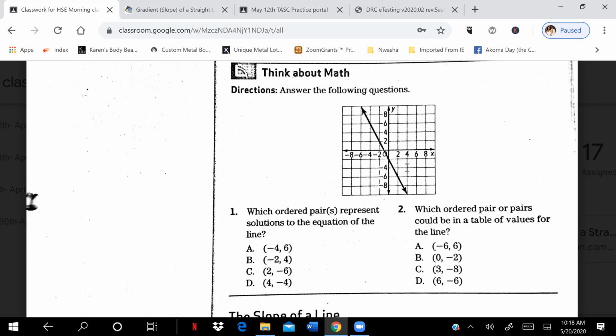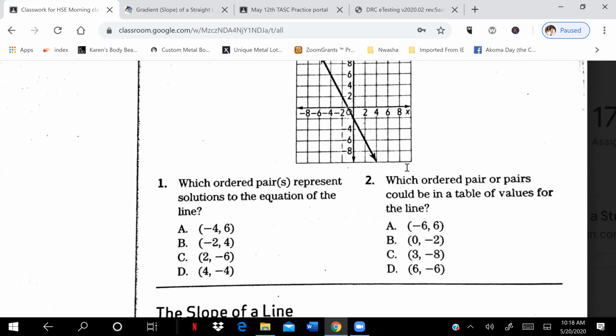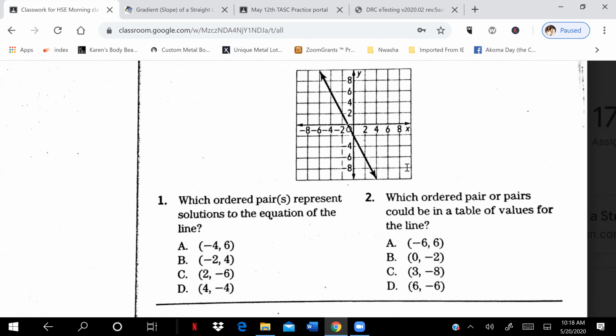So now number 2 says which ordered pair or pairs could be in a table of values for the line. So now you're going to think about the same thing. You're looking at this line. Is -6, 6 on the line?